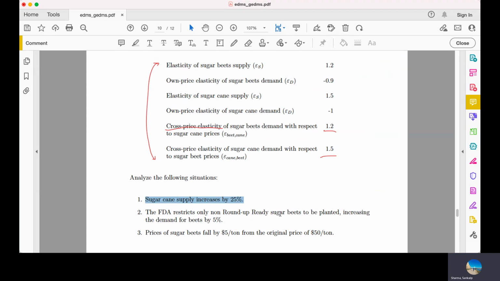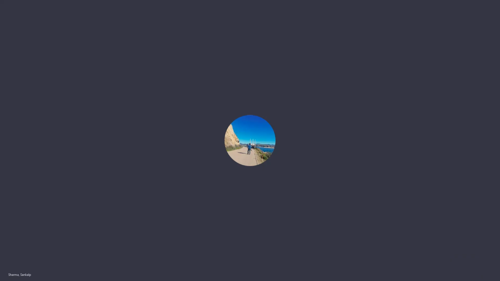So the sugarcane supply is increasing by 25%. That means there's a shock in the supply market for sugarcane. Okay, so going back to our Word document here, let me just share this document right here.